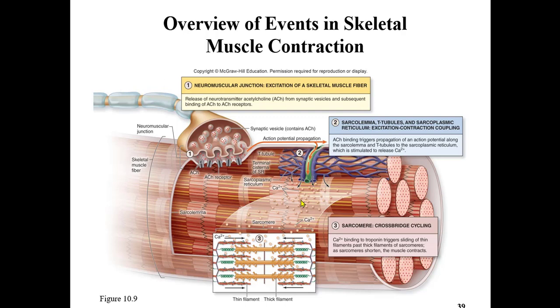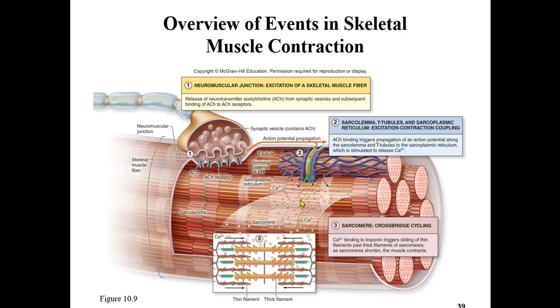Now, what do we normally call that open space in a cell? The cytoplasm, right? Well, in the muscle, we just have a different name for it. It's called sarcoplasm. So all of this calcium is going to be flooded into the sarcoplasm, the open space in the muscle.